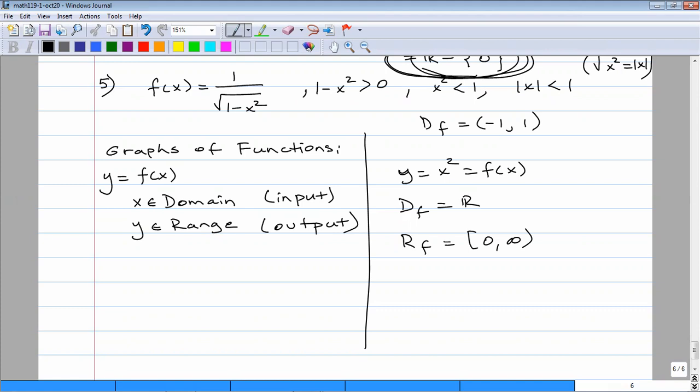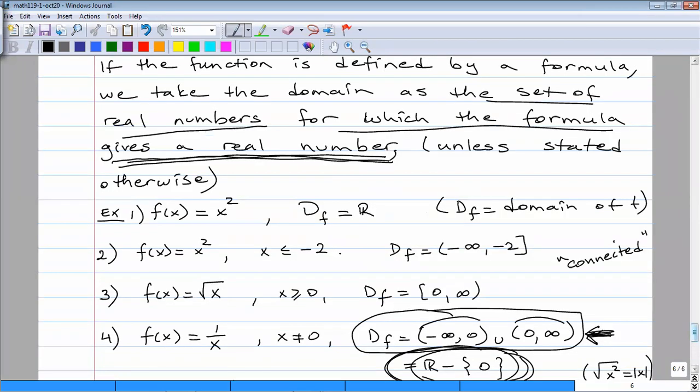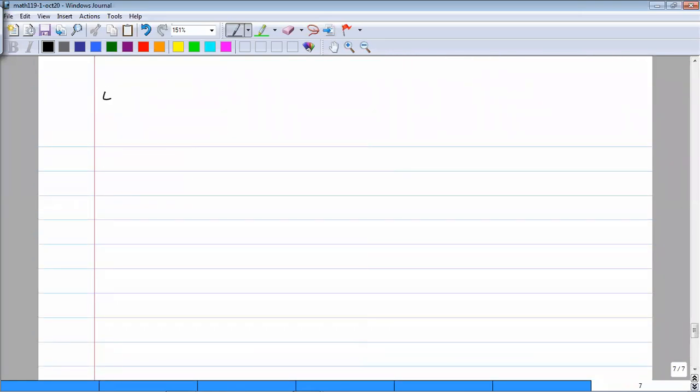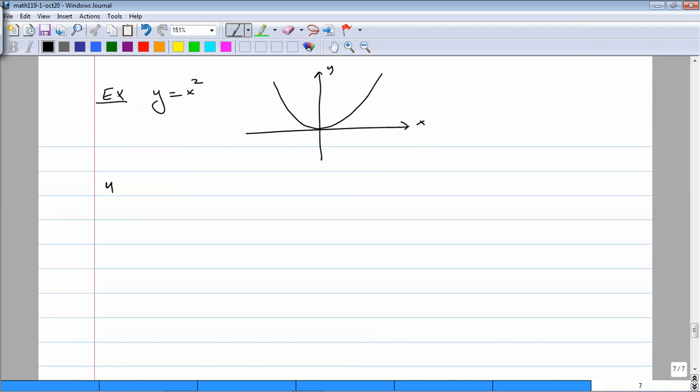Okay, so the graph of a function is the graph of the equation y equals f of x. So, for example, y equals x squared, a parabola, we already know. y equals x cubed.